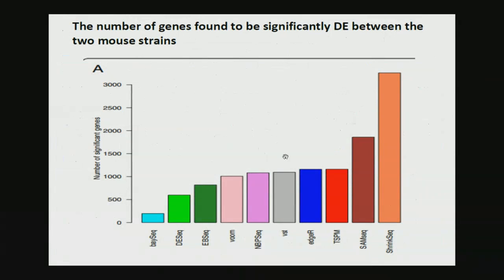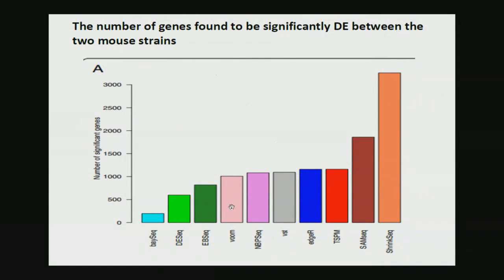Let's just look at the three packages I talked about. One is edgeR, this one is Limma, and this is DESeq. As you can see, edgeR gives the most differentially expressed genes, then Limma follows, and then DESeq is third. So it seems like a smaller set is identified by DESeq.